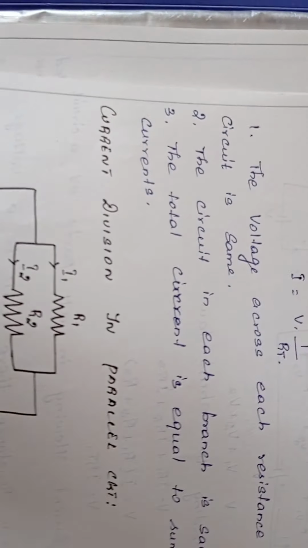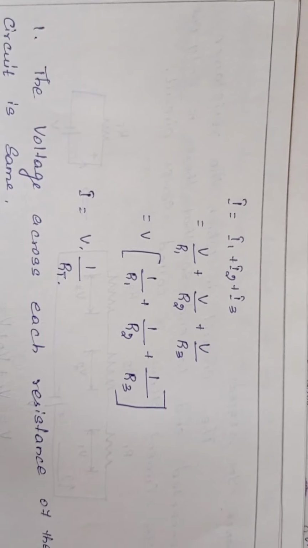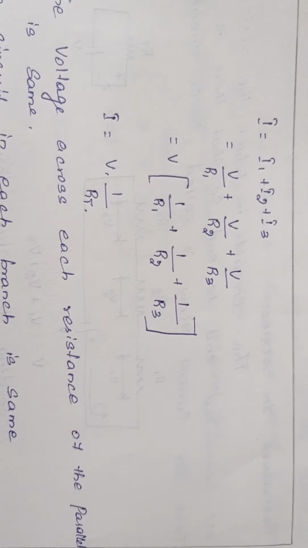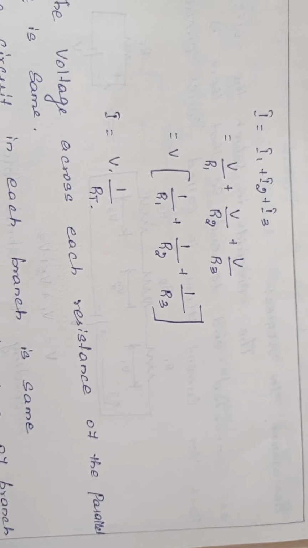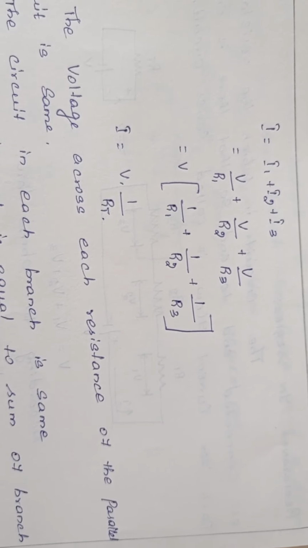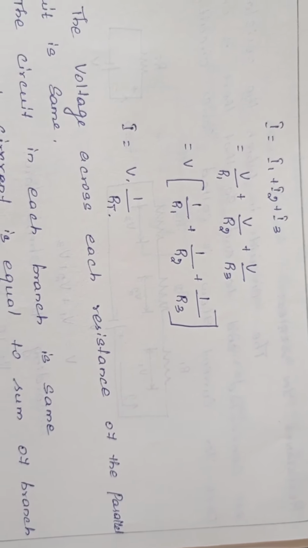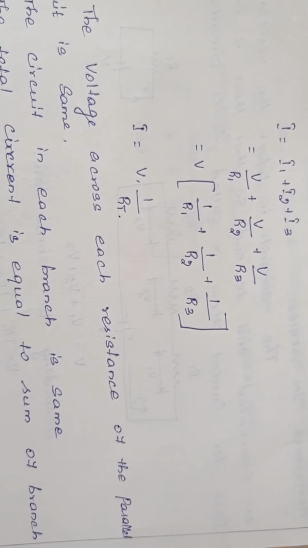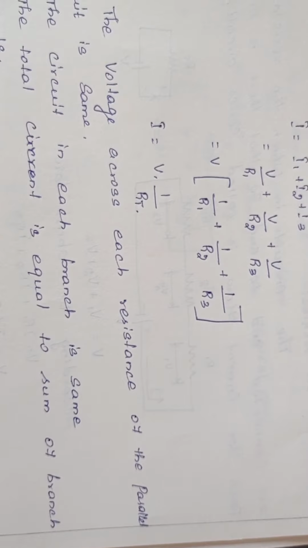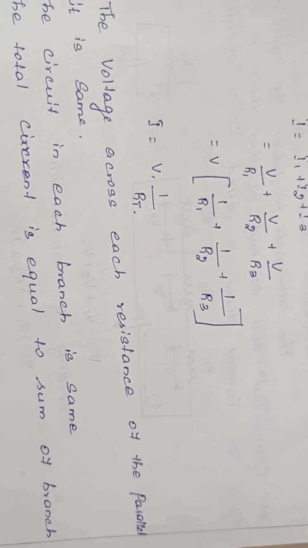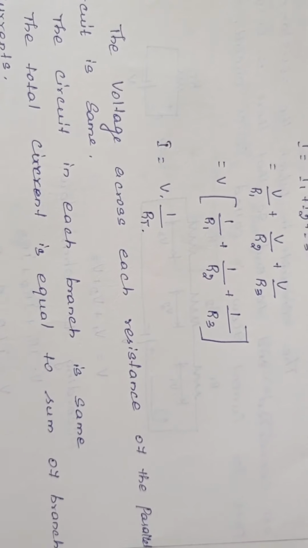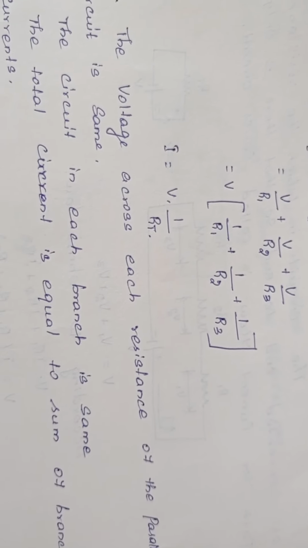Therefore, I is equal to I1 plus I2 plus I3, that is equal to V divided by R1 plus V divided by R2 plus V divided by R3. V is taken as common, V into 1 by R1 plus 1 by R2 plus 1 by R3. I is equal to V into 1 by RT.